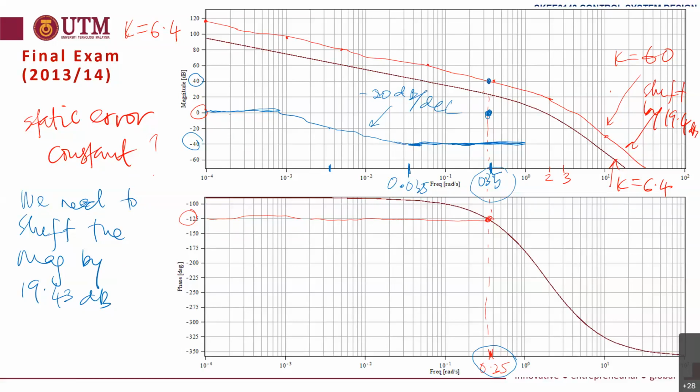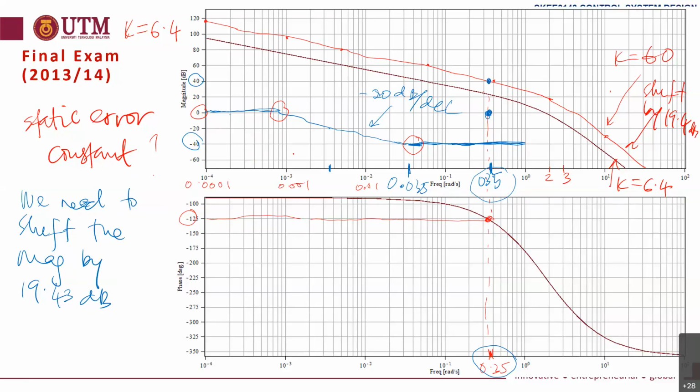Right. Important points here are this point and this point. Here we know 0.035. The point here we have to read. Here 0.01, 0.001, here 0.0001, 2, 3, 4, 5, 6, 7, 8.